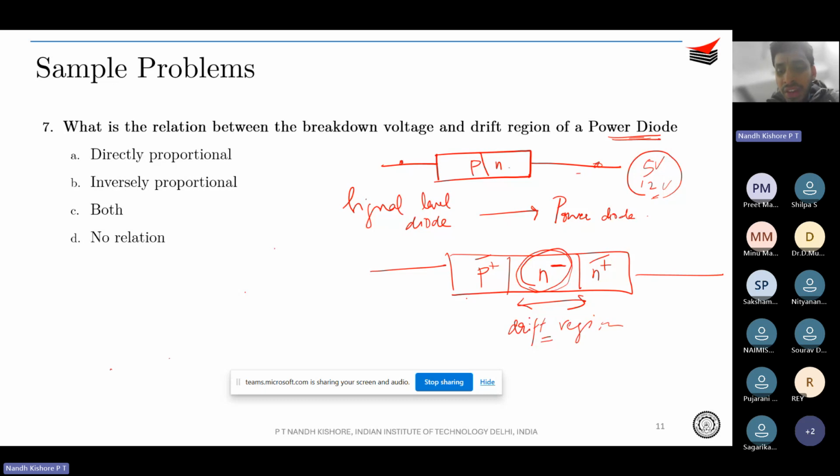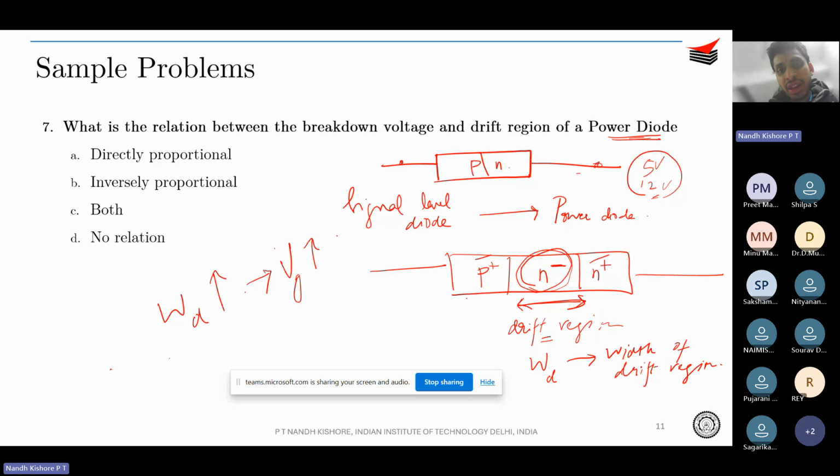The width of the drift region, let me call it WD, dictates your voltage blocking capability. If you have a larger WD, you're going to get a larger voltage blocking capability.